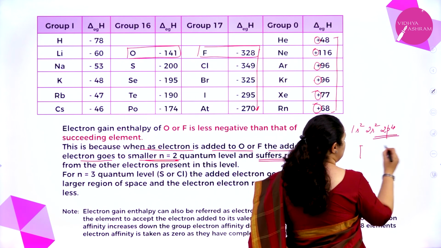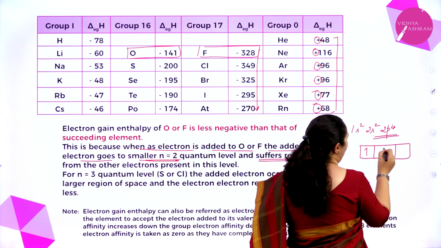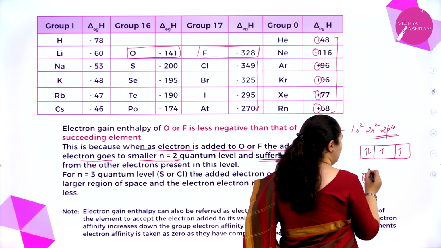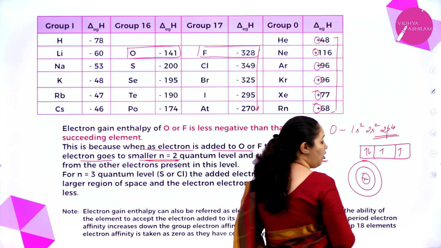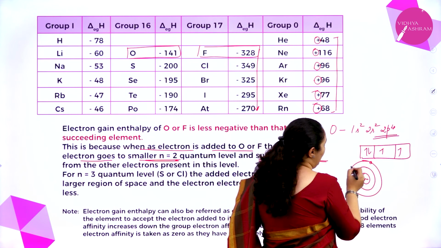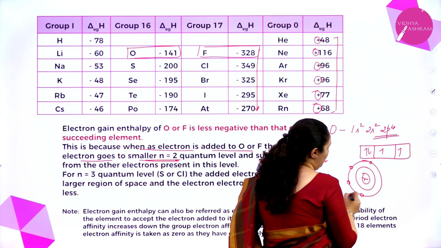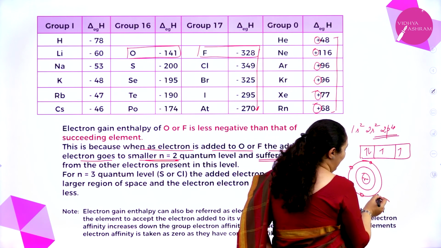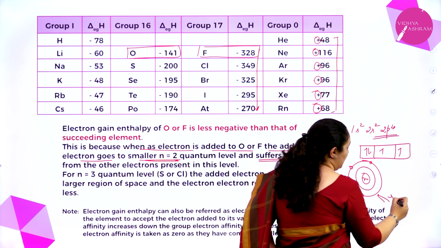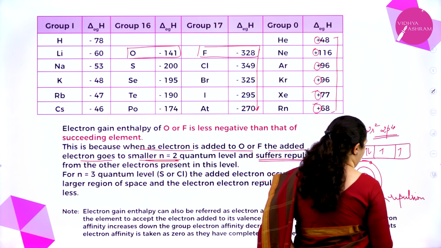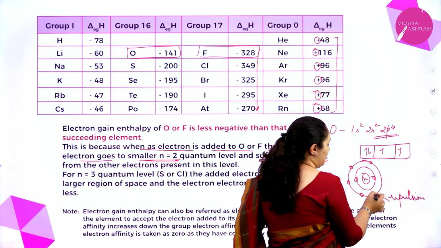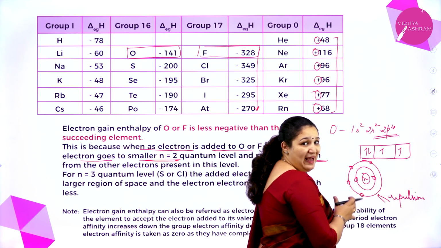Here, in the p orbital, you have 4 electrons already. It is the second shell: you have the nucleus, first shell, second shell, a very small atom. When 4 are already present, 1, 2, 3, 4, and you want to add one more, they will experience repulsion, because there is already an electron here, and here you also have 2 electrons, in a very small atom.